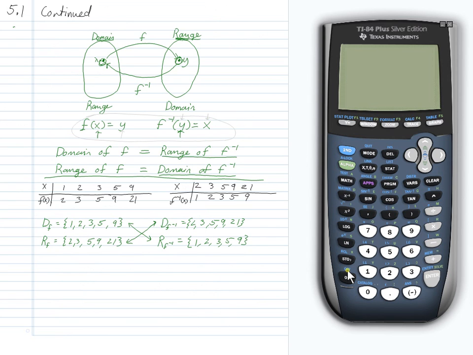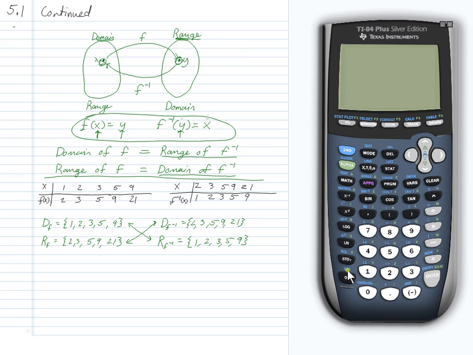Now, this way of thinking of the domain and the range, and the function and its inverse, gives us the algebraic approach that we're going to use to find inverses symbolically. If we're given a symbolic representation of a function, how would we find the inverse? Well, our function takes inputs and returns outputs.